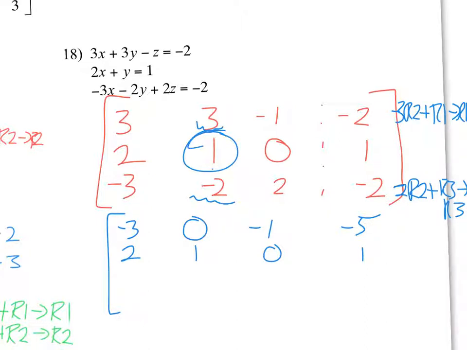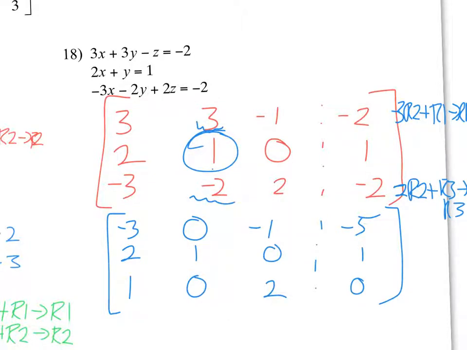And row 3, we're looking at positive 2 times row 2. So 4 plus negative 3 is going to be 1. 2 plus negative 2 is 0. And 0 plus 2 is 2. 1 plus negative 2 is 0. Okay. That gets us through the middle column.